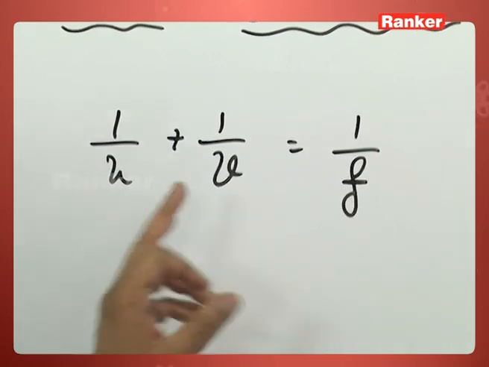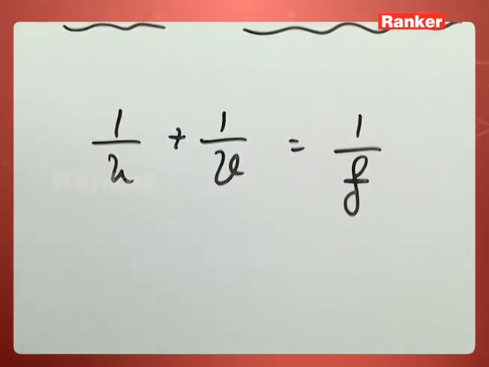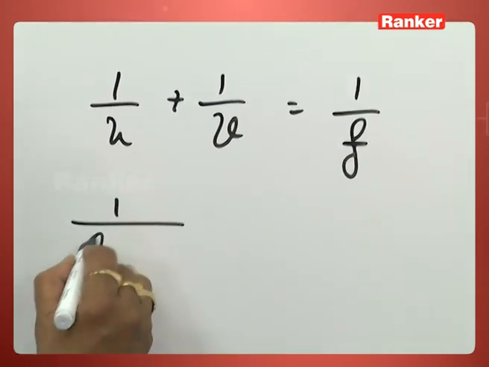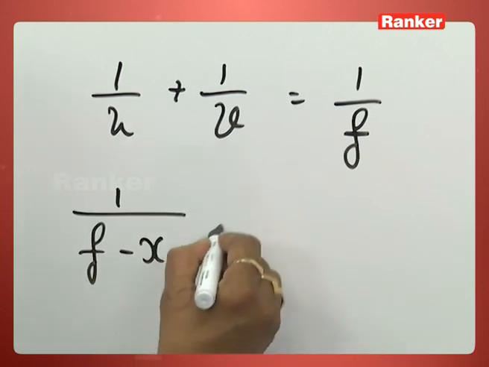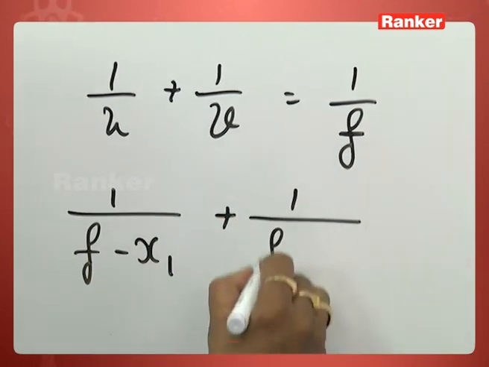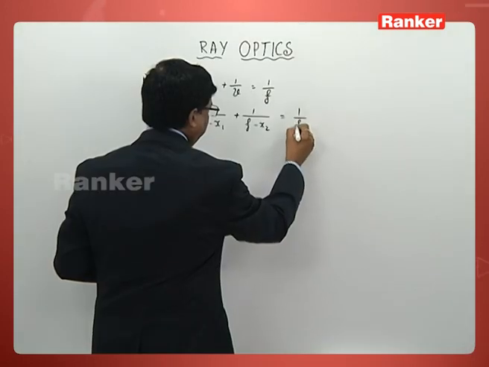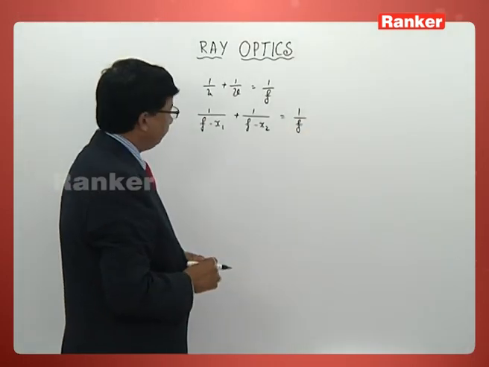What are these two distances now to be taken according to the given values? Look at that. I write 1 by (f minus x1) plus 1 by (f minus x2). That now is going to be 1 by f.